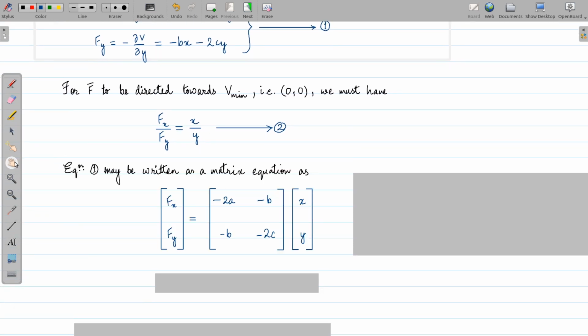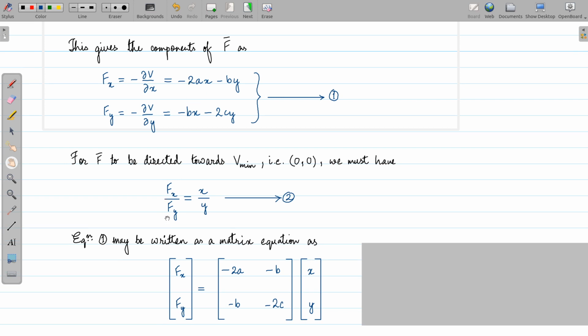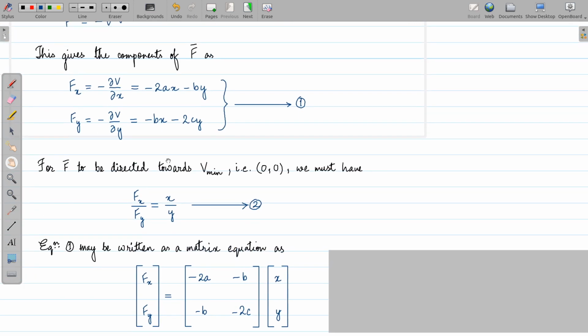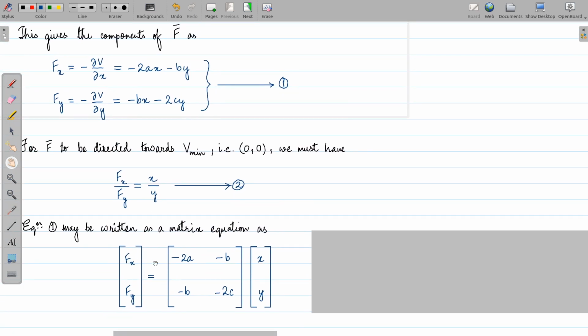Now equation number 1 can be written as a matrix equation like this. You can verify for yourself. If I multiply this matrix with this matrix, we have minus twice ax minus by, which is equal to fx, the first equation. Then we have minus bx minus twice cy is equal to fy, the second equation.